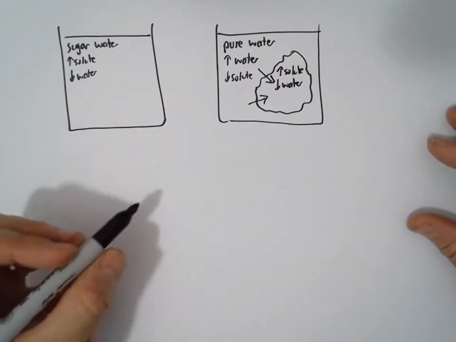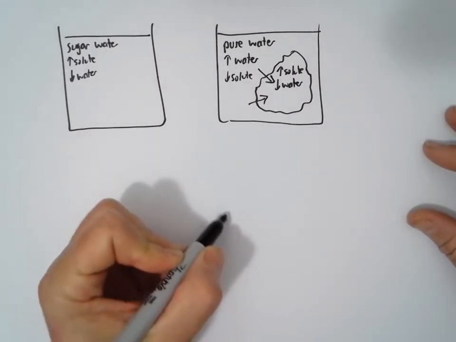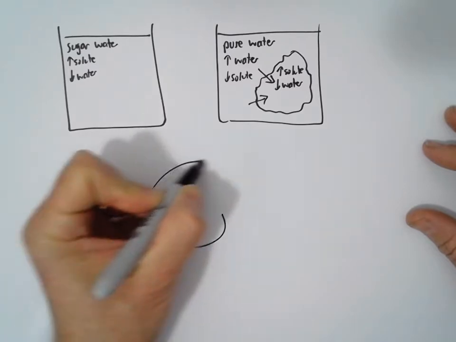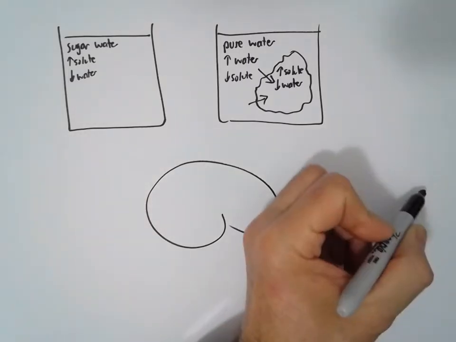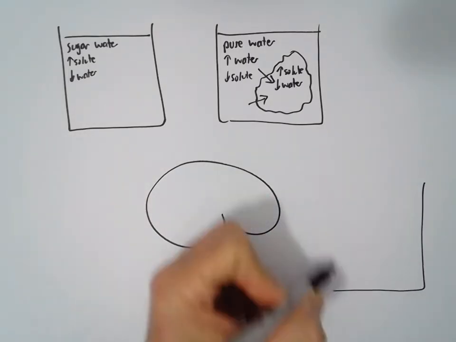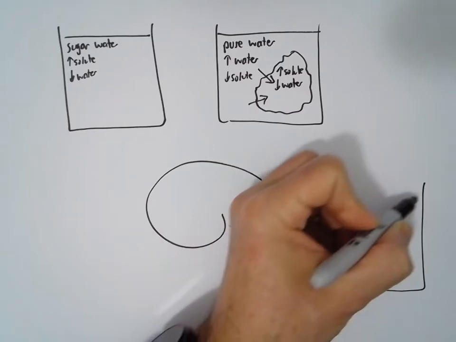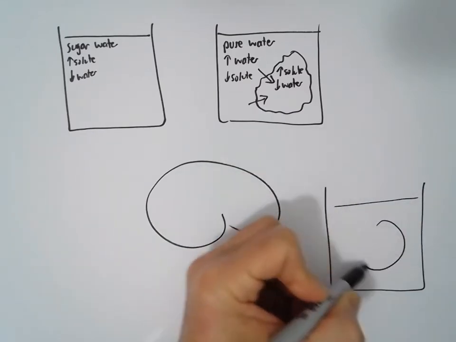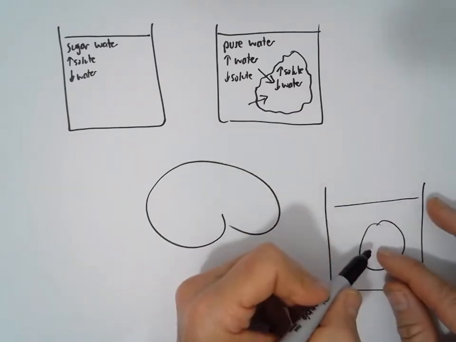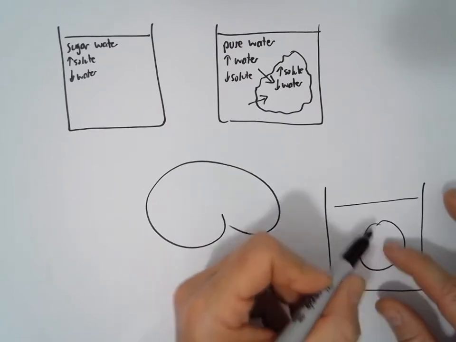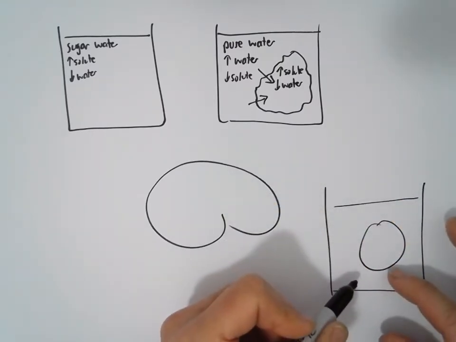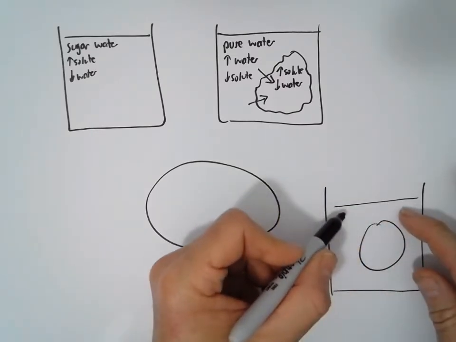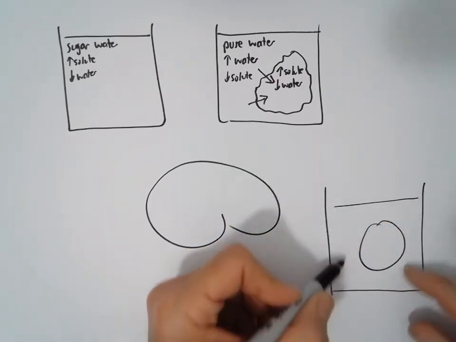Next one, I want you to think about what happens to the brain, this is the brain here, if we drink too much water. What you need to understand, again, I'm going to show you a beaker with a cell in it. This is our brain cells, and this is the liquid around the cells of the brain, so this is our extracellular fluid.